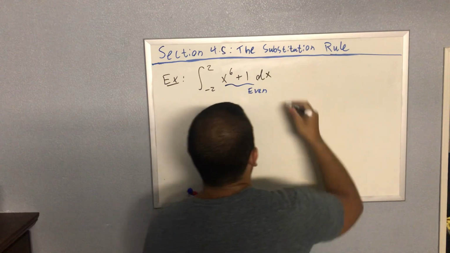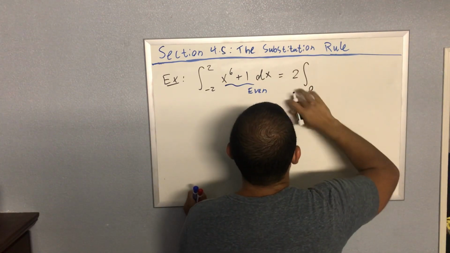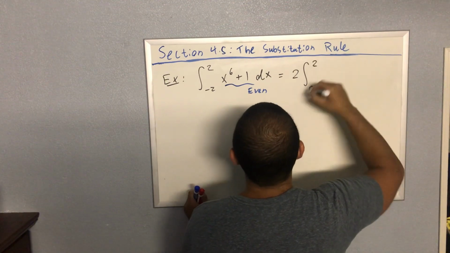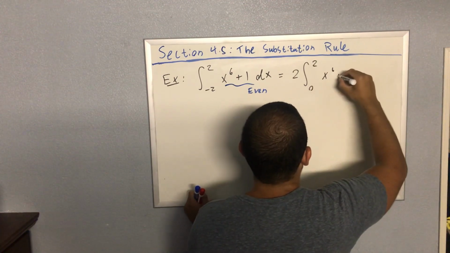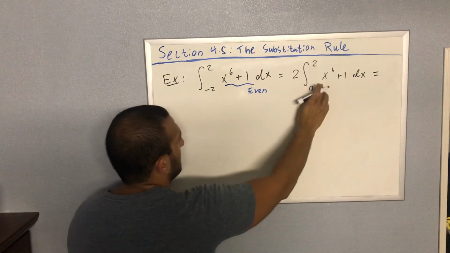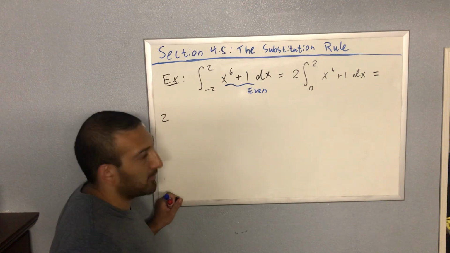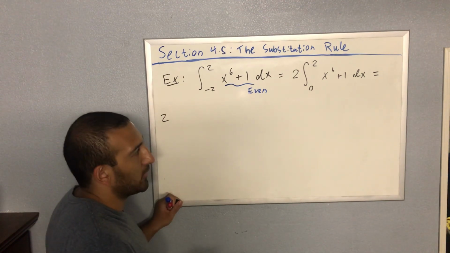meaning by our theorem or our result that this is really just twice the integral from 0 to 2 of this guy. And then what's this integral? I don't think we have to break it up anymore at this point. I think we're comfortable just doing it all in one go.